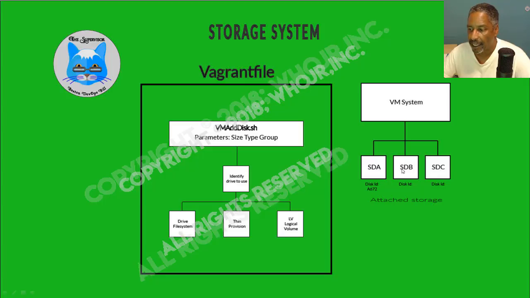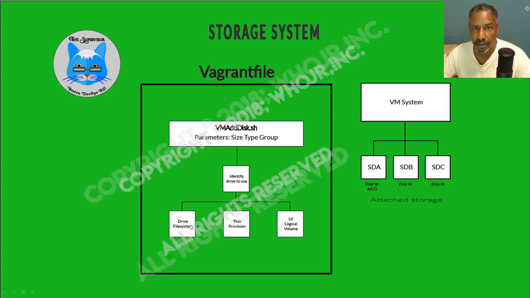For us, it'll be the SDB, the SDC, and so forth. It could even be SDA, depending on how your system is configured. So once it figures out what drive we can use, it's going to call the correct routine to create the type of drive.